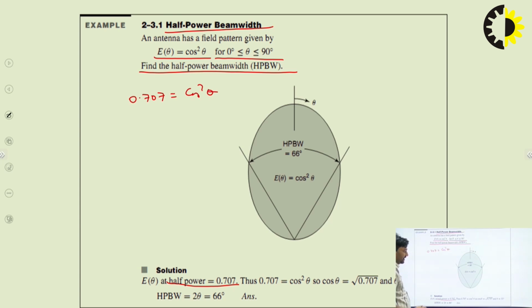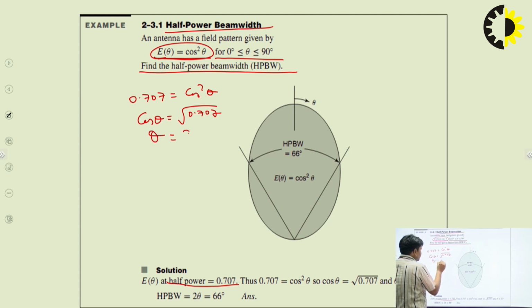So we easily calculate cos theta, which is equal to the square root of 0.707.